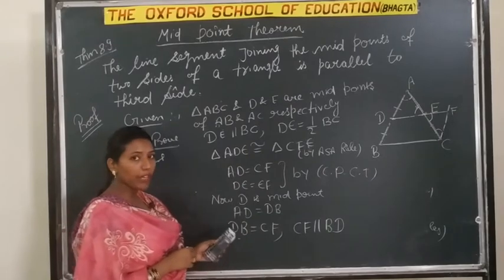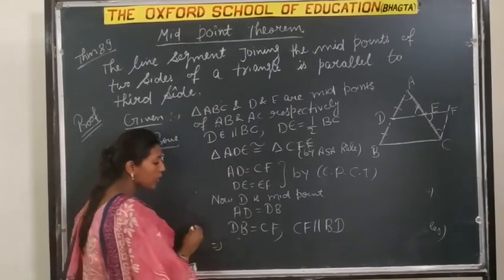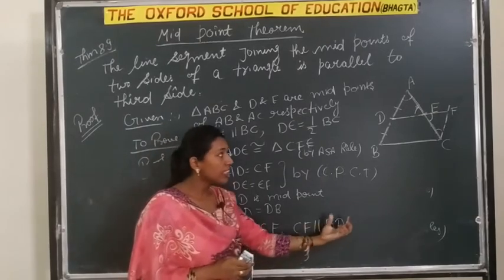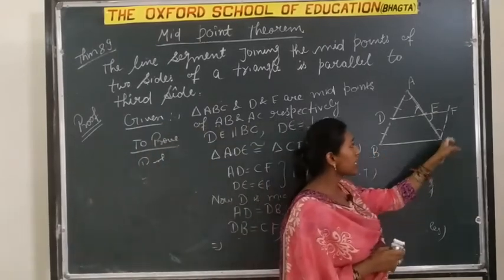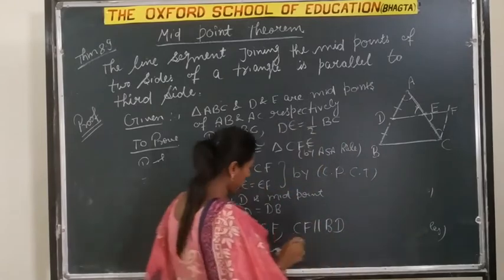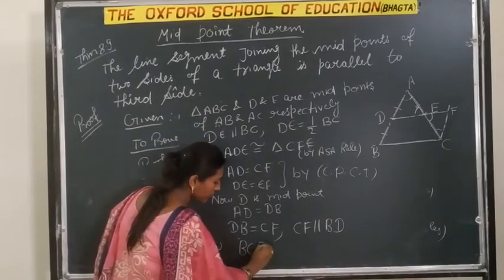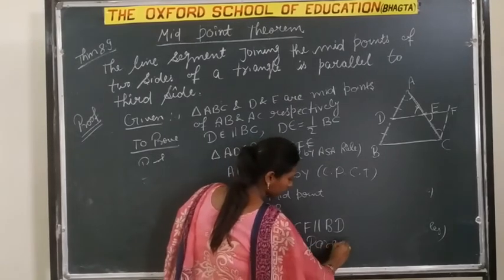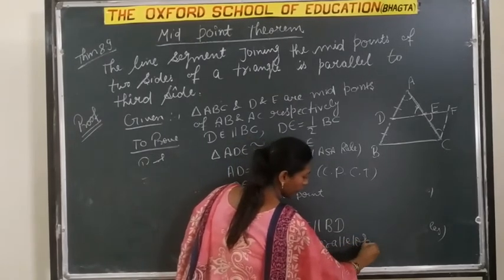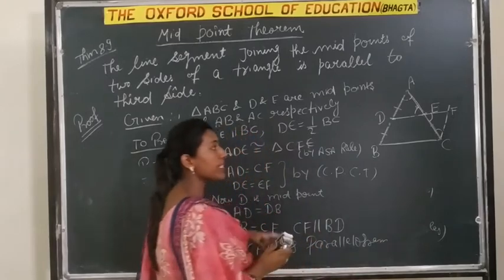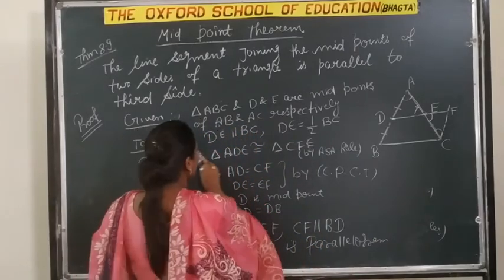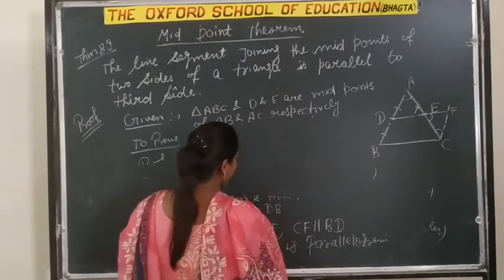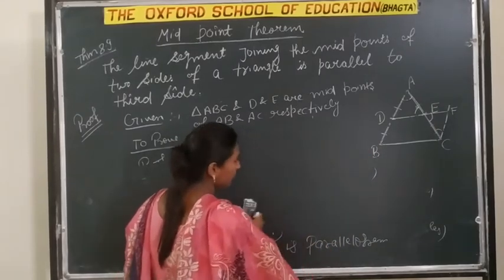So by theorem 8.8, which says that if one pair of opposite sides is equal and parallel, then the quadrilateral becomes a parallelogram, BCFD is a parallelogram. So we proved BCFD is a parallelogram. Now we know in a parallelogram opposite sides are equal and parallel.